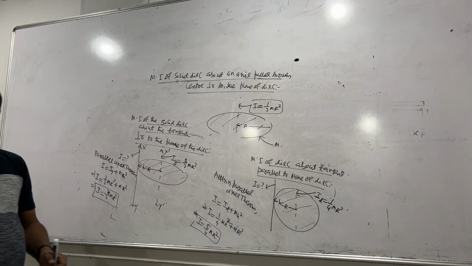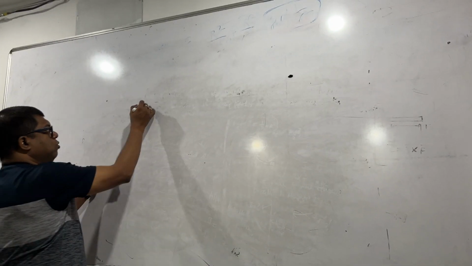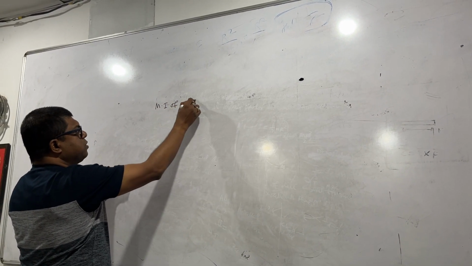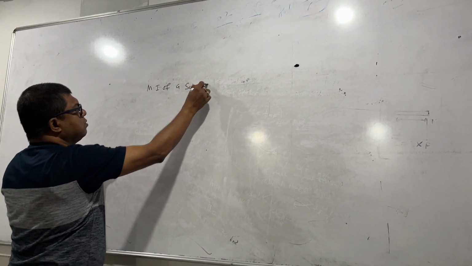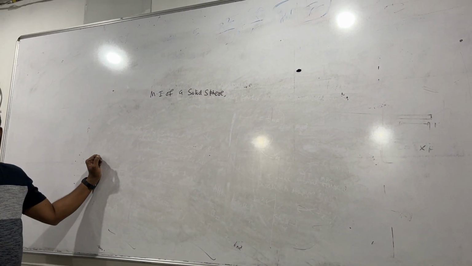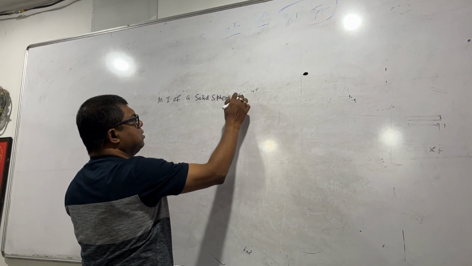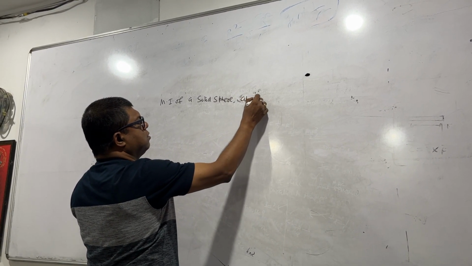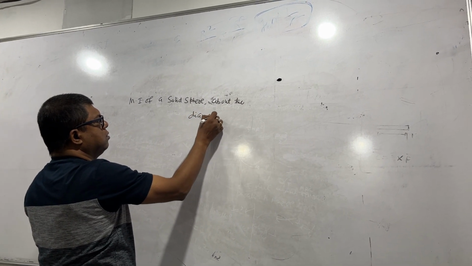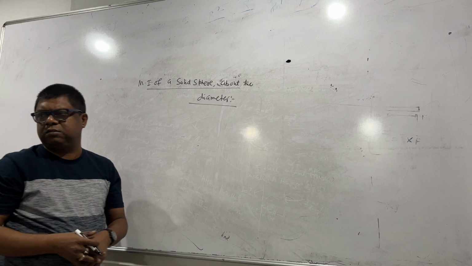Then the moment of inertia of a solid sphere about the diameter, that is about an axis passing along the diameter.